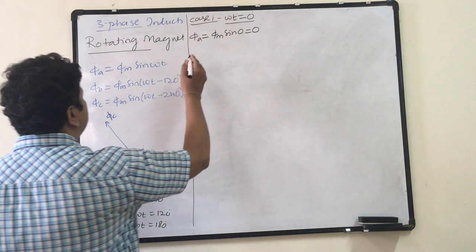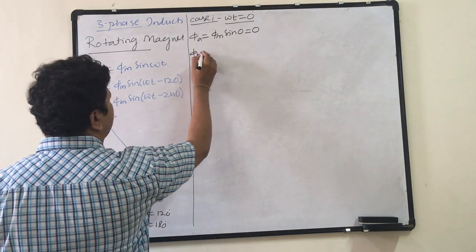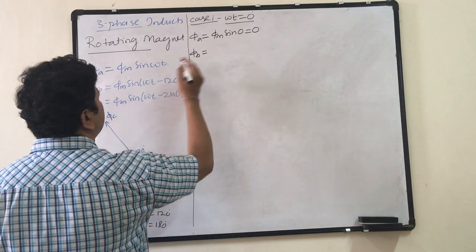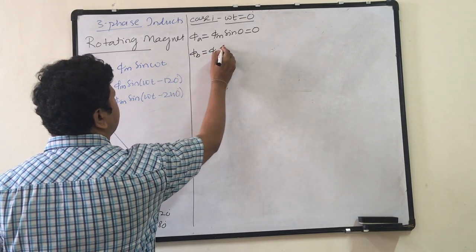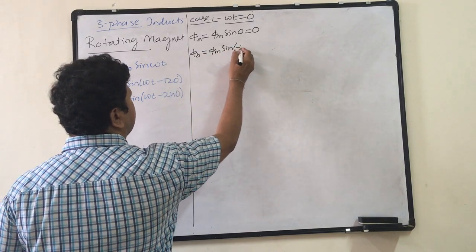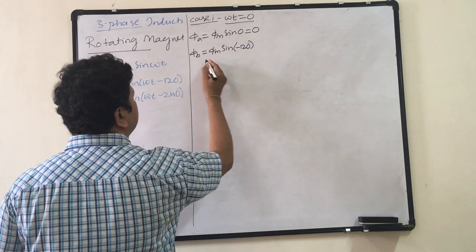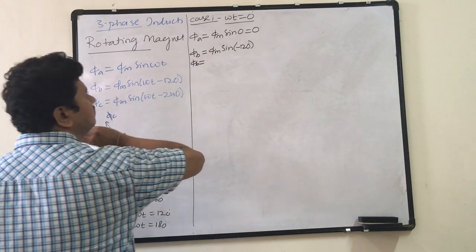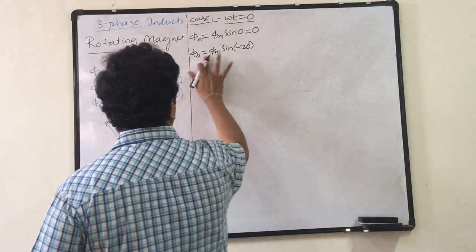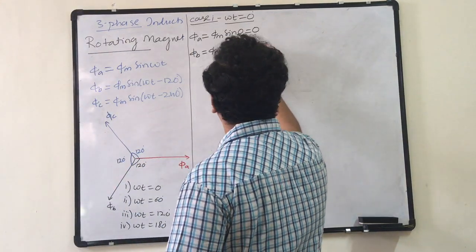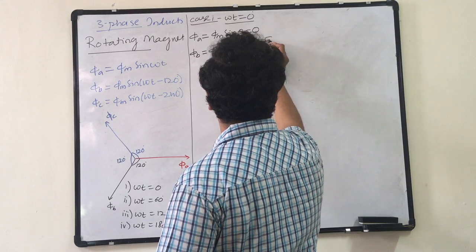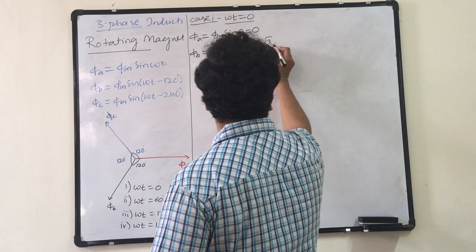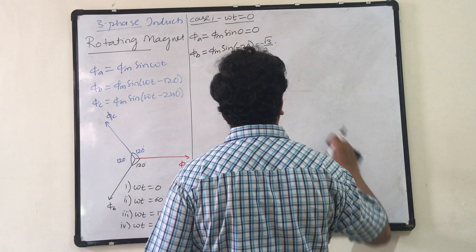Then phi b equals phi m sin of minus 120. Sin of minus 120 will give us minus root 3 by 2 phi m.